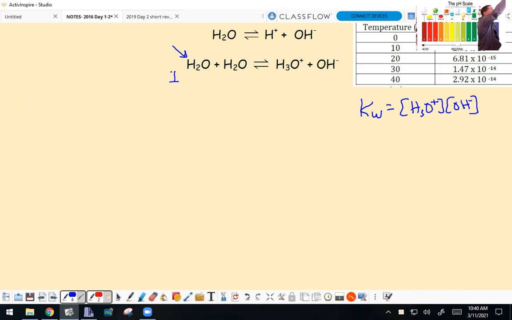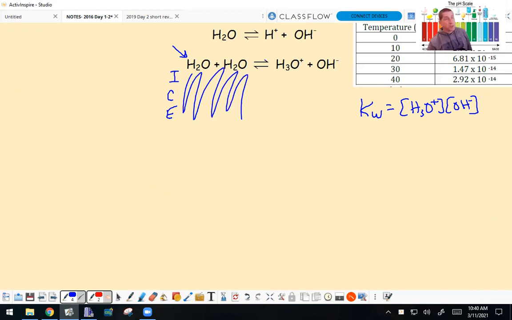So when I do my ice charts, because it's equilibrium, this whole side of the equation doesn't matter. It's a pure liquid. We don't include those in equilibrium expressions. Same would be true up here if I were to do an ice chart up here. So this side doesn't matter. So notice what we get. Instead of H3O plus, you get H plus. All right, so in the beginning, you don't have any of that or any of that. Let's say initially, before it started to ionize.